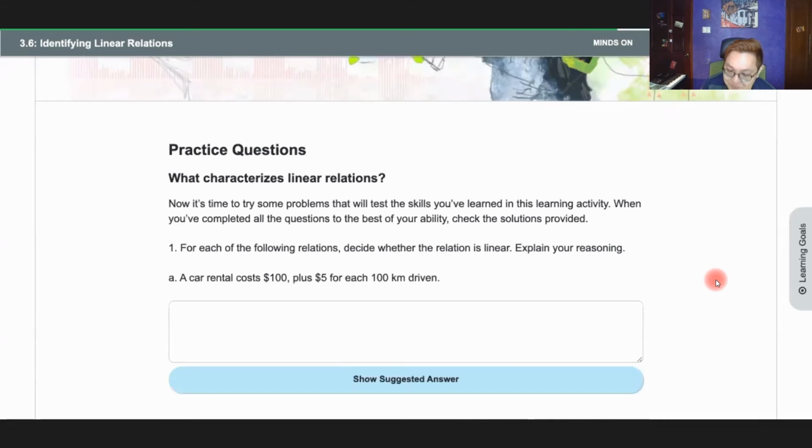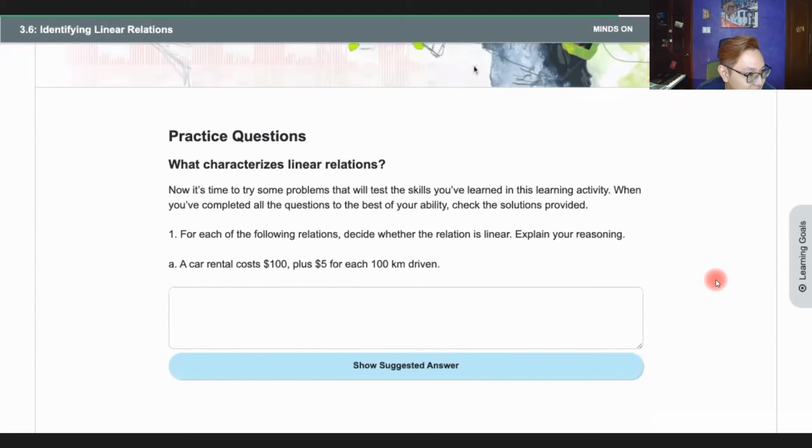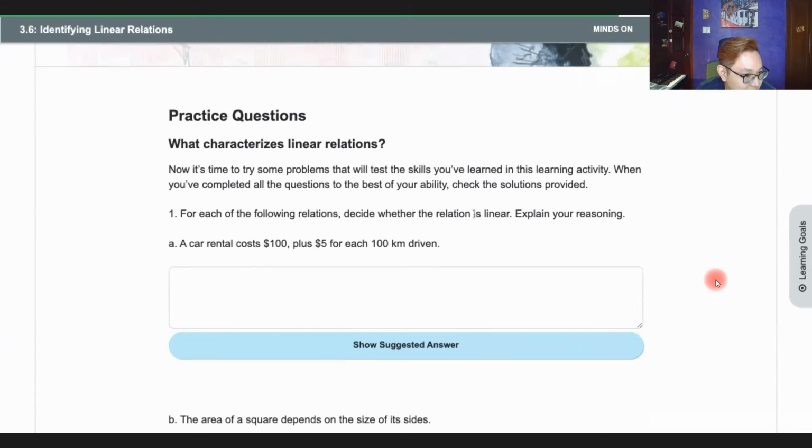A car rental costs $100 plus $5 for each 100 kilometers driven.